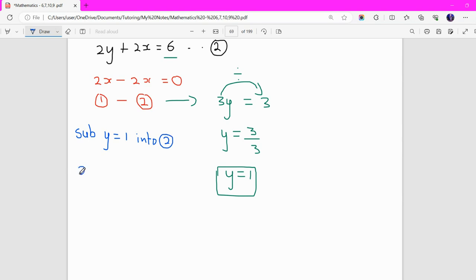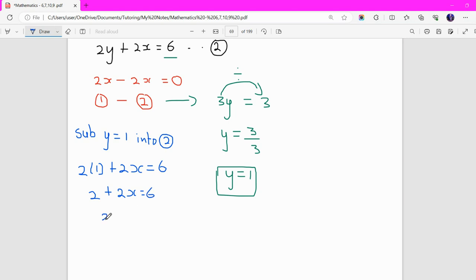So I have 2, that is 2 times y, so I'm replacing it with 1 now. So it's 2 times 1 plus 2x, and that is equal to 6. So 2 times 1 is 2 plus 2x, and that is equal to 6.